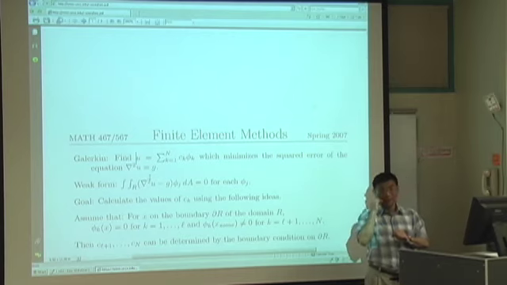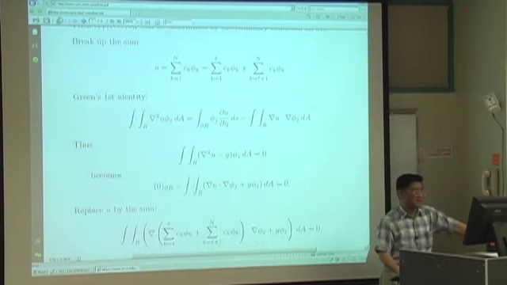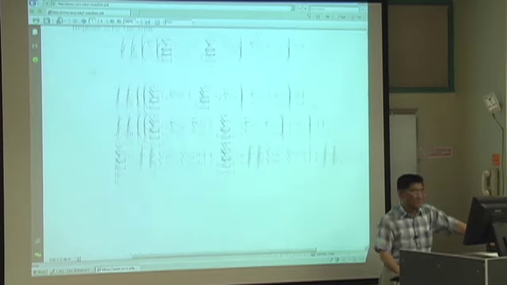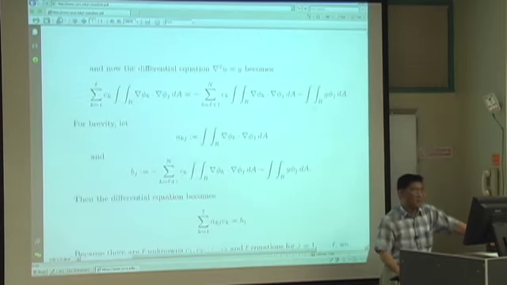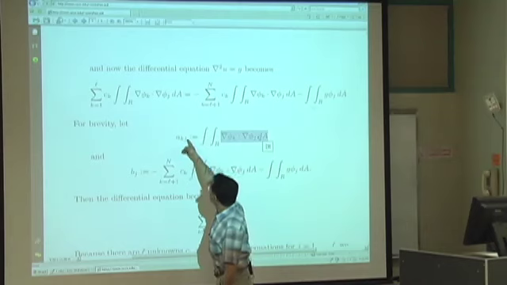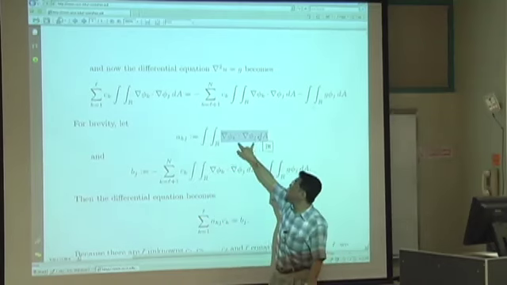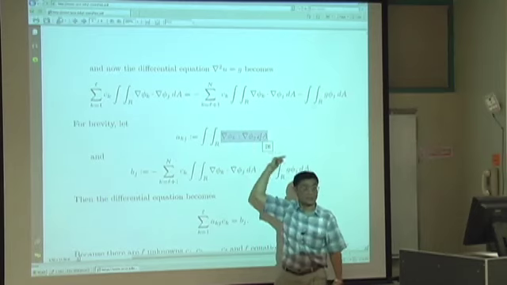Any questions? As you can see, when we defined phi, is Akj the same as Ajk or not? Look at the definition part. They are the same, right?